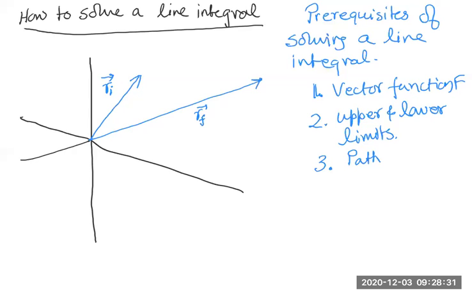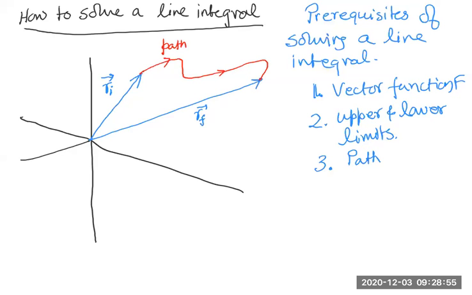Right. So what I'm saying is that apart from having a knowledge of Ri and Rf, we must also have a knowledge of the path taken to calculate the value of this integral.